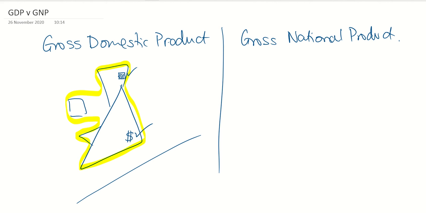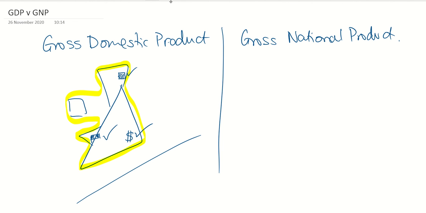If you had a French multinational working in, let's say, Cardiff, so here's my French flag down here, but a French firm operating in Cardiff, that is also money that is earned within the boundaries of this country, and that also would count towards the gross domestic product.